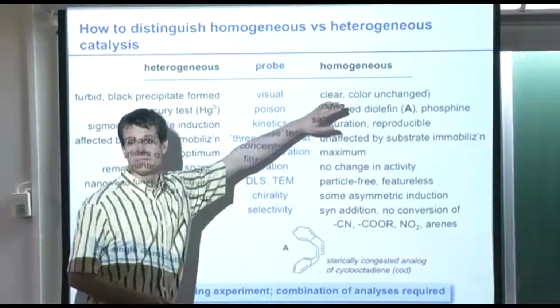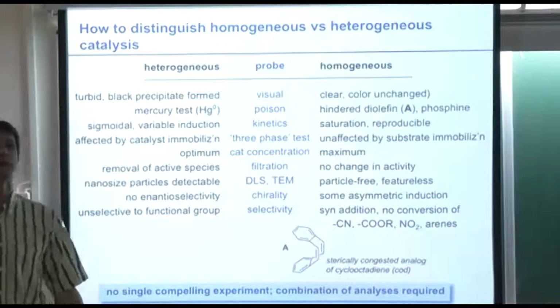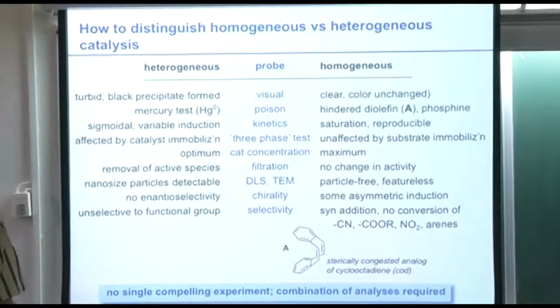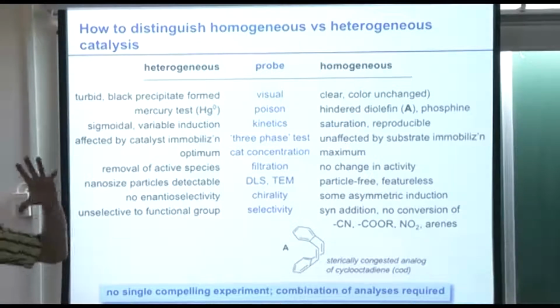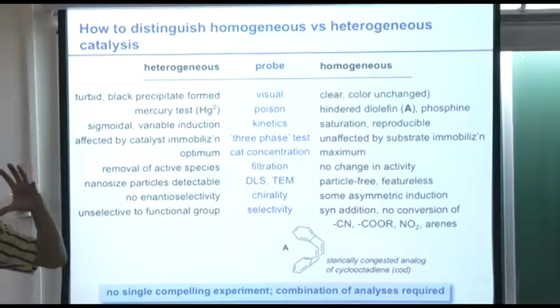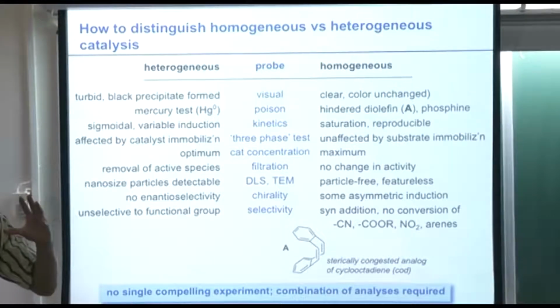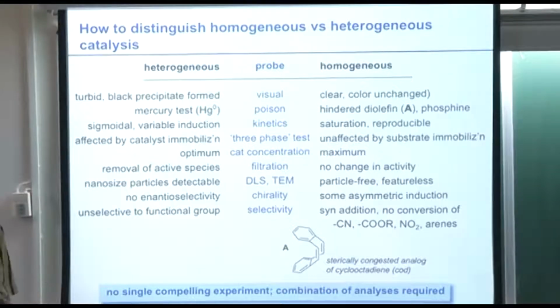Then, if we have a clear solution, this is often a first hint that maybe the reaction is homogeneous. But again, we have to be extremely careful. If you put a glass ball of that size into a dichloromethane solution, you won't see the glass ball anymore, because it has the same refractive index. So there could be huge particles in solution that we don't see.